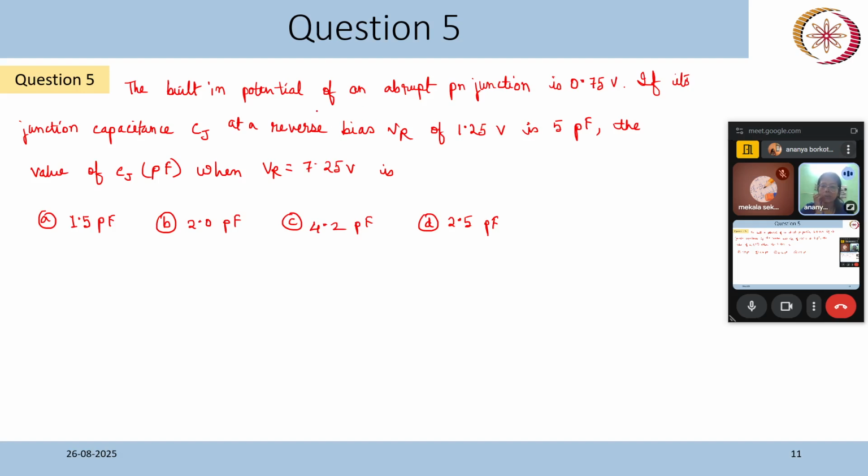So the built-in potential of an abrupt PN junction is 0.75. So VBI is 0.75. If its junction capacitance at a reverse bias of 1.25 volt is 5 picofarad, what is the junction capacitance for reverse bias 7.25 volt? Okay, the options are given. You can try the calculation.